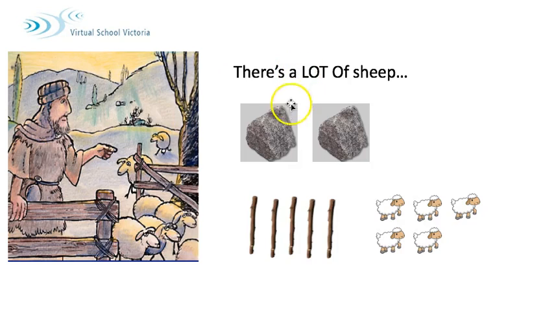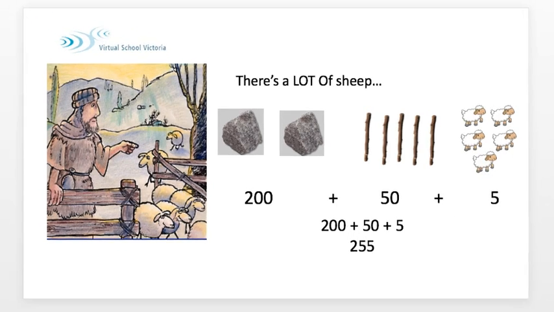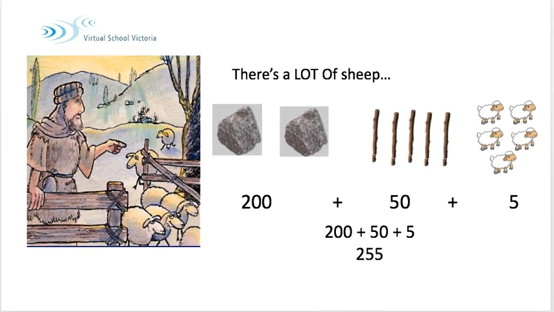So there were, through the gate, 255 sheep, and the shepherd would remember that because these items represented that number of sheep. Here is another way of showing that. Now let's see if I can get those sheep back in here for you. That's a bit better if you were trying to get away from the screen. Now, 200 plus 50 plus 5, there were 255 sheep counted.